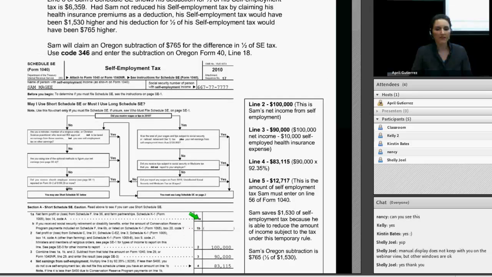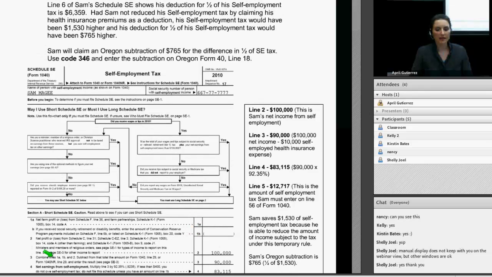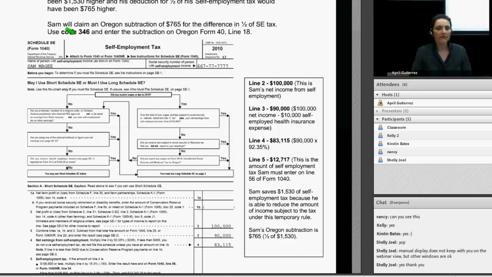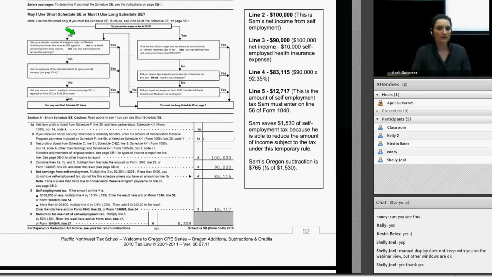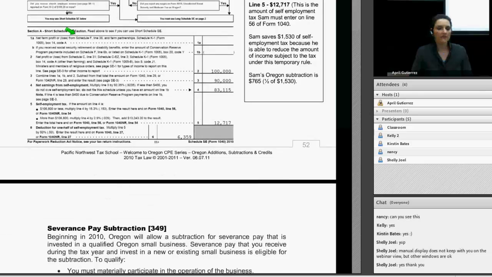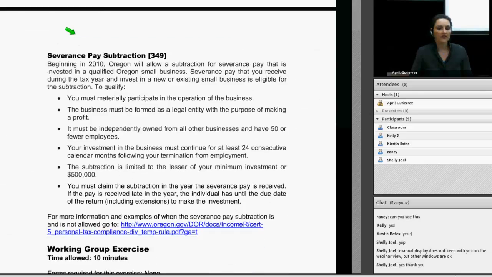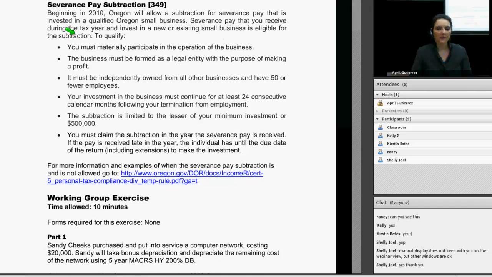Had we assessed self-employment tax on the $100,000 instead, then we would have had self-employment tax that was $1,530 higher, and the difference being $765. That is a difference in the deduction for 1/2 of the self-employment tax.